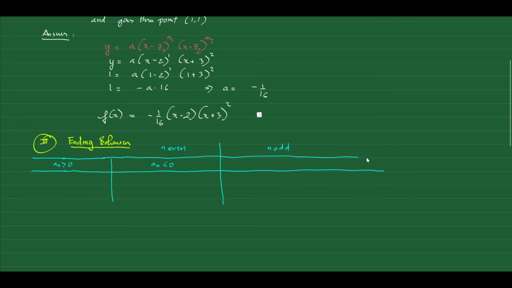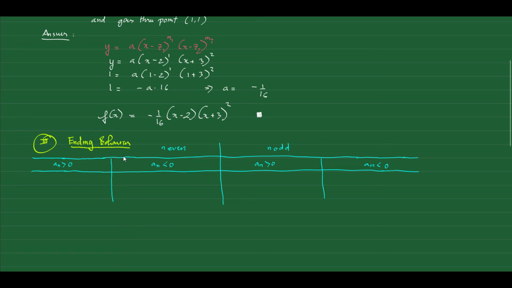Same thing over here. I'm going to split into 2 cases: a sub n is greater than 0, and a sub n is less than 0.